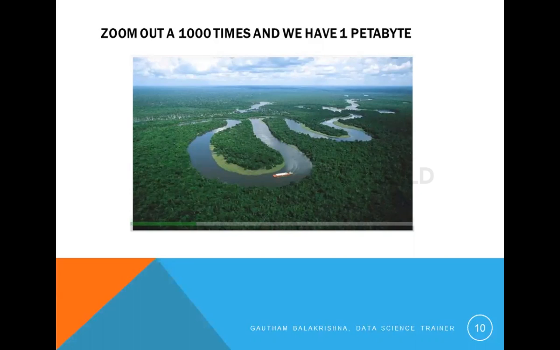It is the world's biggest forest. It is so huge that it covers land areas across many countries in South America. If you open Google Maps and look at the Amazon rainforest, you see that it goes through Brazil, Ecuador, and so many other countries. It is that huge an area of forest with billions and billions of trees.